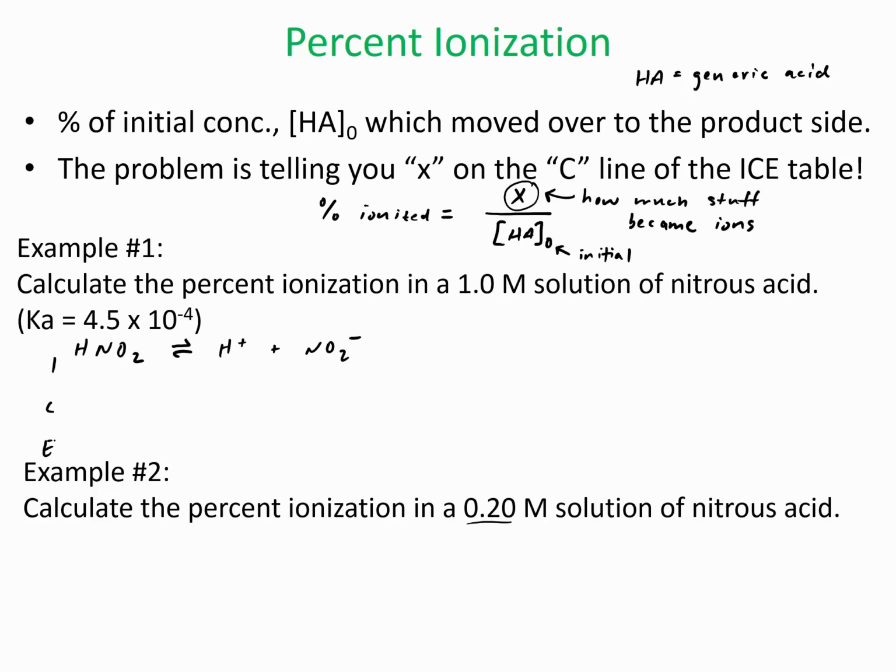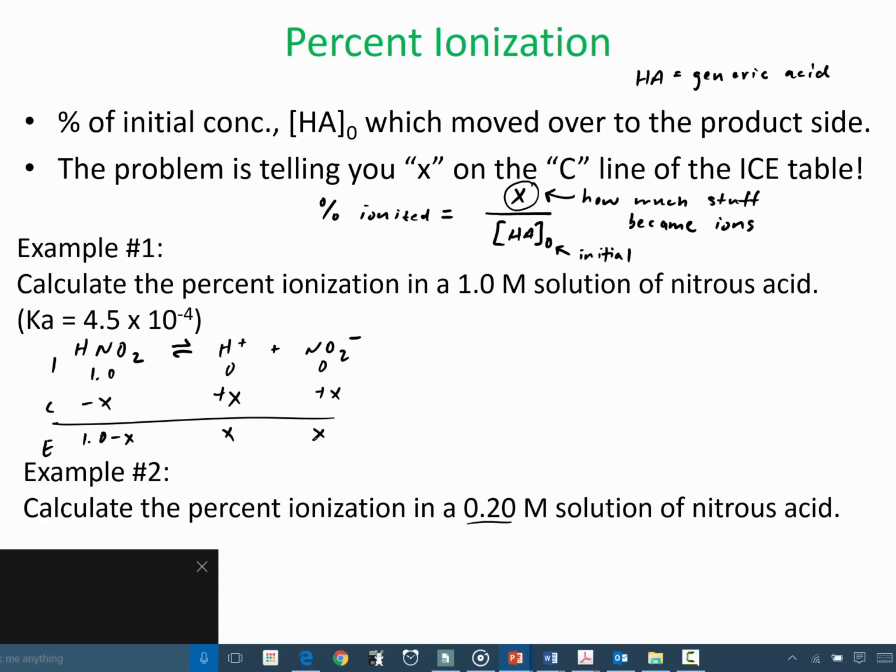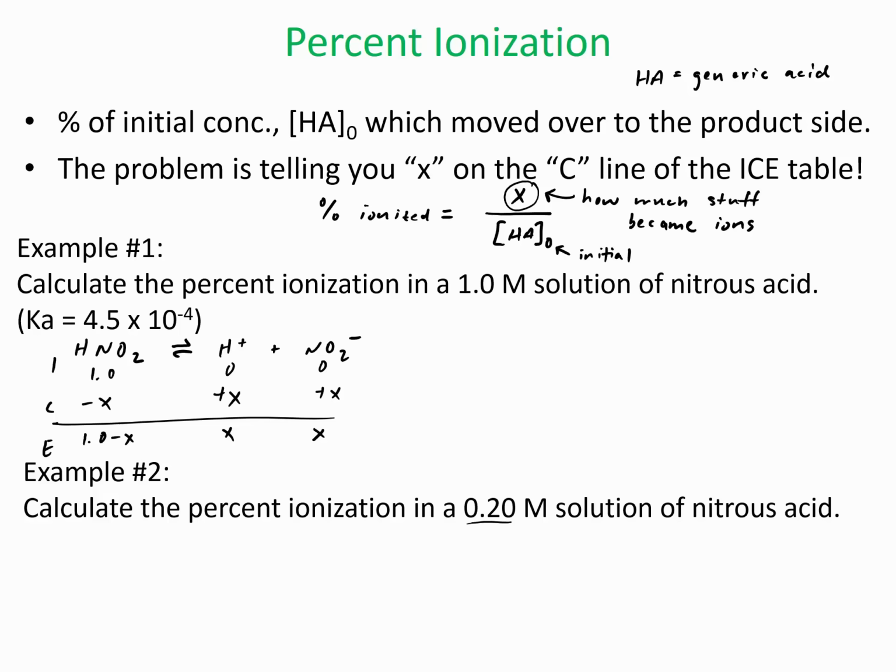So I'll make my ICE table, and the initial amount is 1.0. These are zeros, and this goes down by X, this goes up by X, and this goes up by X. Now, if I solve for X, that's going to give me how much became ions, so how much went over to be ions.